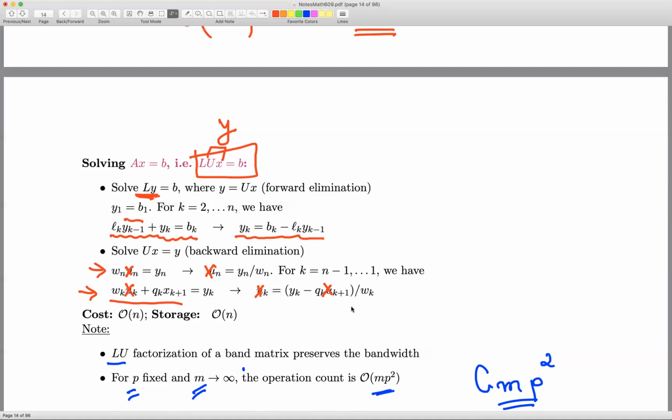So in total, we will have n divisions, and then on the order of n multiplications and subtractions. So the total number of floating point operations will be big O of n.